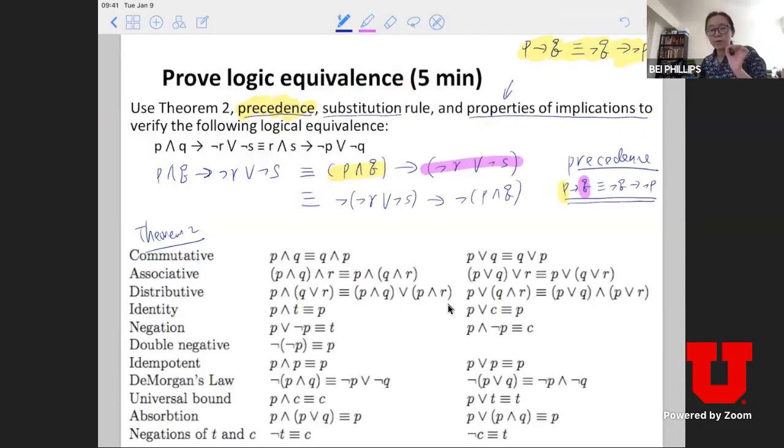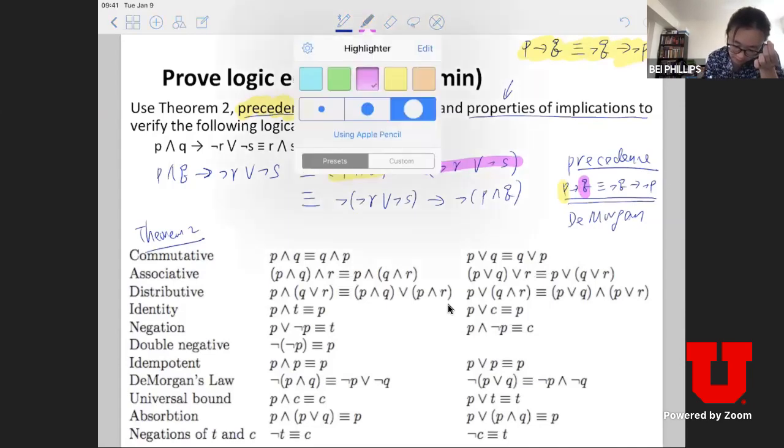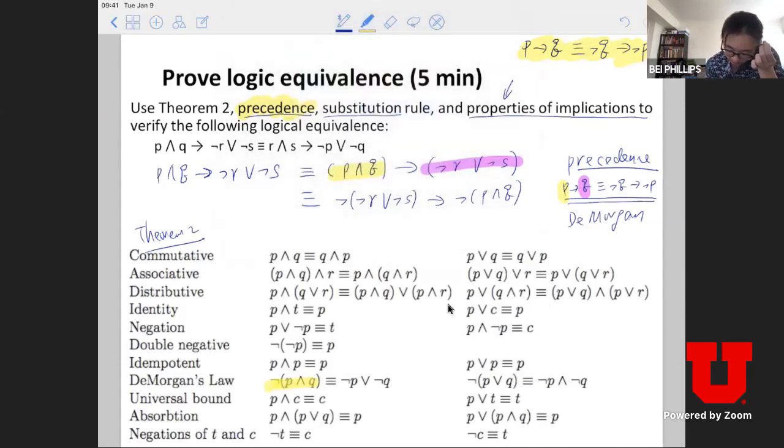Once you're here, you're not completely done yet. If you look at this, the next step you are going to try to write is actually De Morgan. De Morgan is when you have negation on the outside. When you bring negation in, you switch the direction of the arrow, right?